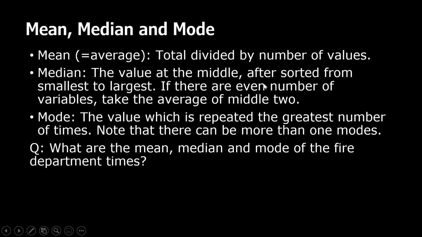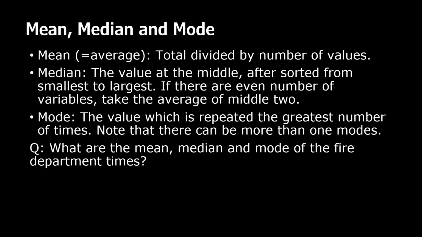Okay. All right. Now, for any kind of data, the question of what is the middle of the data is quite important. The first thing that you learn is called the mean or the average.